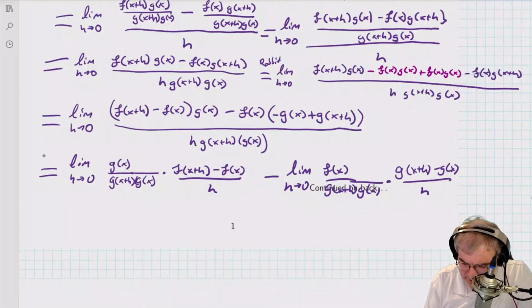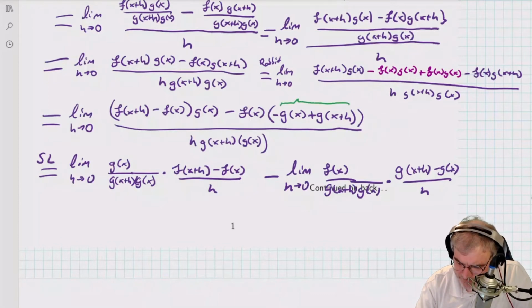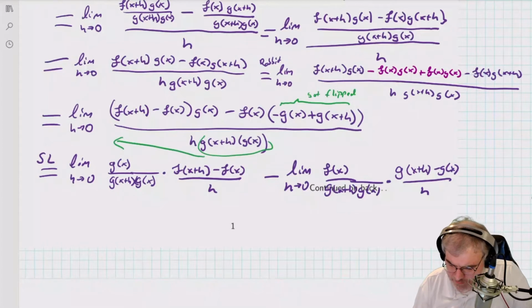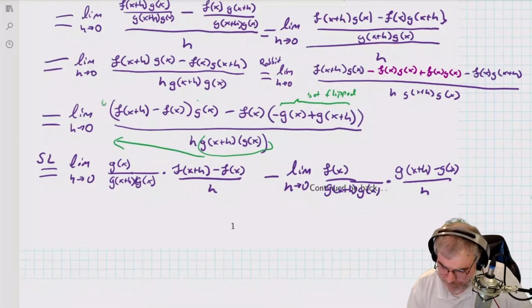And that's going to be done with the sum law. So these two terms get flipped. And that term didn't express over there, and that term came out in front right there.